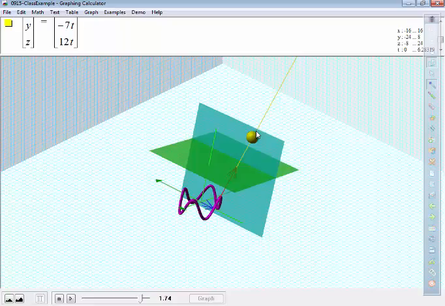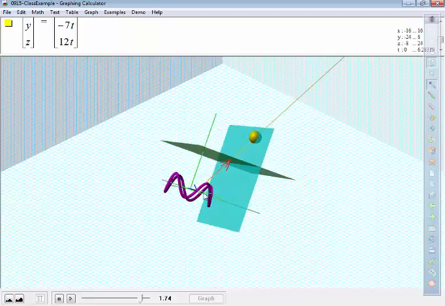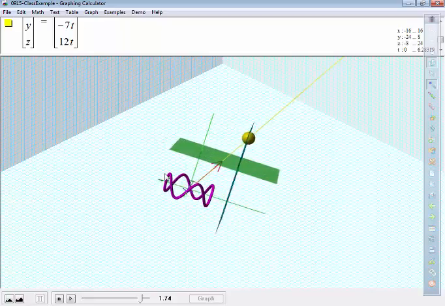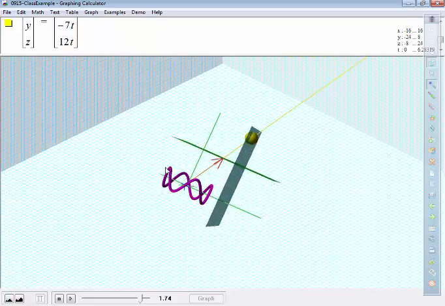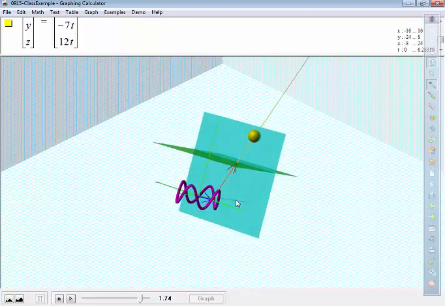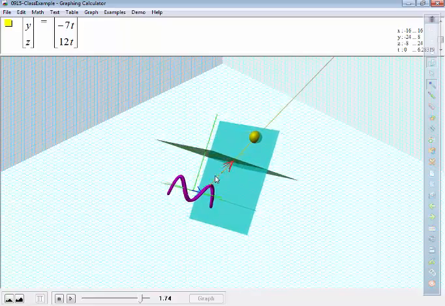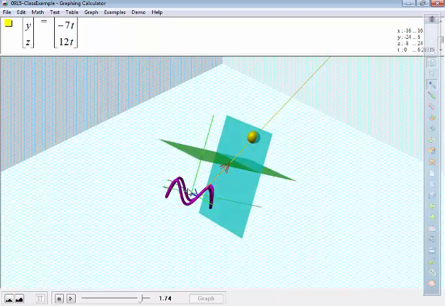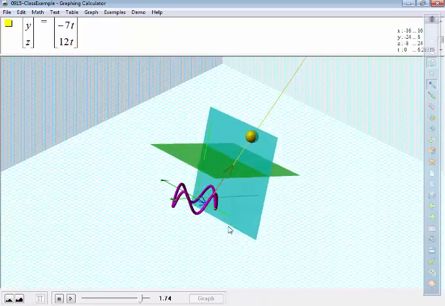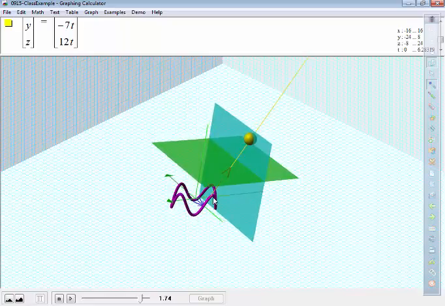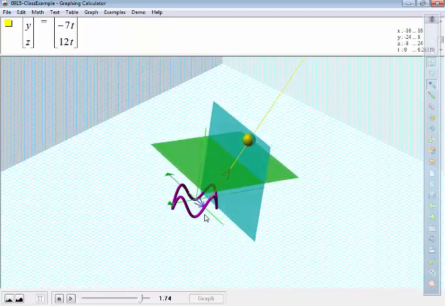Okay? So that's the view, and here are the different viewpoints. You can twist this around and take a look. That red vector over here is your tangent vector. And this purple is your roller coaster.